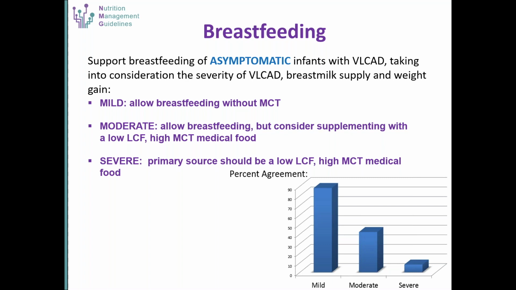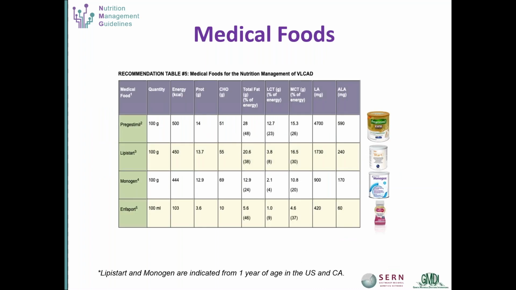So the recommendations are to allow breastfeeding without MCT for the mild phenotype. For moderate, we can allow breastfeeding, but consider supplementing with a low long-chain fat, high MCT medical food. And then for the severe phenotype, the primary source should be a low long-chain fat, high MCT medical food.